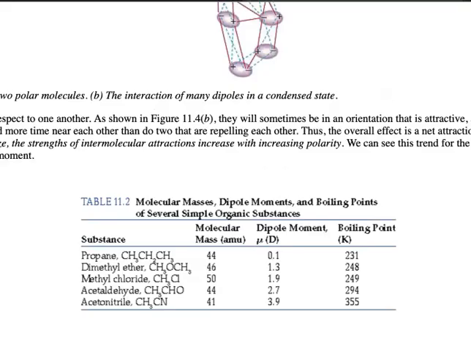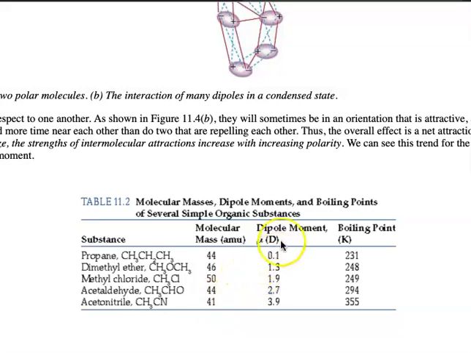Unfortunately, it wasn't included in your resource guide on a second look here, but I did find a crappy looking table that kind of demonstrates what I'm talking about. What we have here are a bunch of different simple organics, and they tried to compare their masses. They tried to pick out pretty much the same mass so that we don't have to consider the role of that.